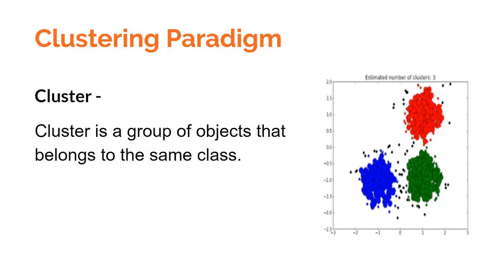So what is a cluster? As I mentioned earlier, a cluster is a group of objects that belong to the same class. This figure illustrates how different clusters of similar objects are grouped together. This is the first cluster with similar objects, this is another cluster with similar objects, and this is the third cluster with similar objects.